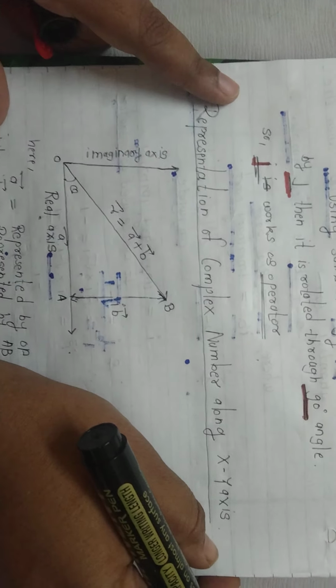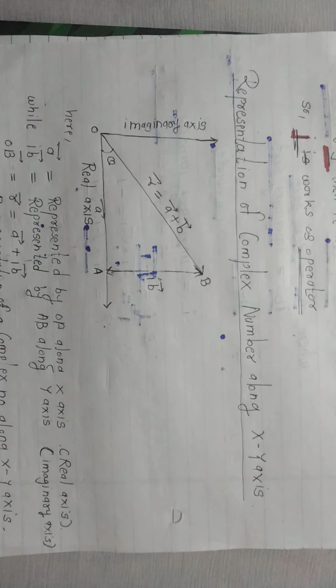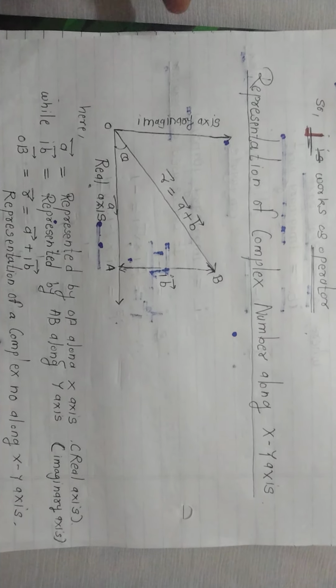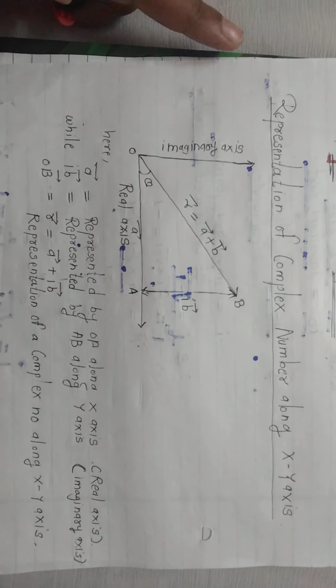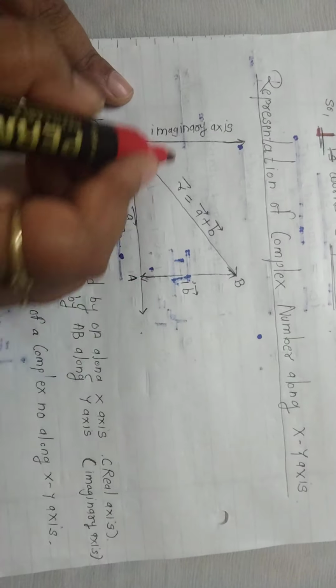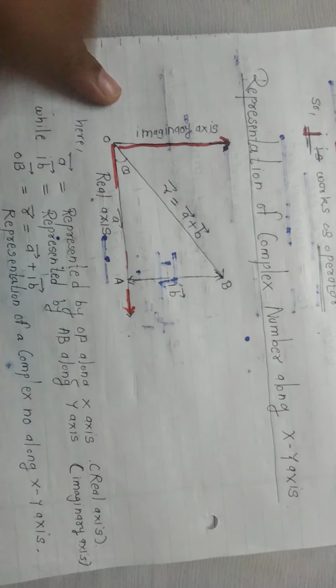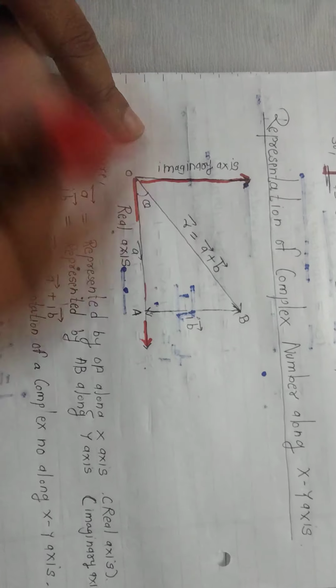Representation of complex number along the xy axis. Let us now see the representation of a complex number along the xy axis. This is the y-axis, also called the imaginary axis, and this is the x-axis, called the real axis.